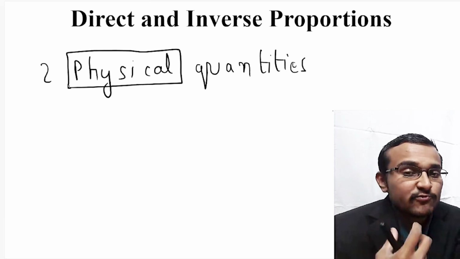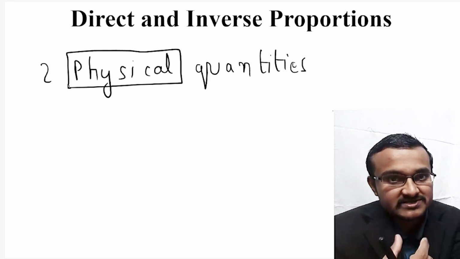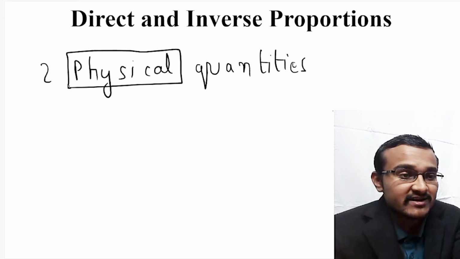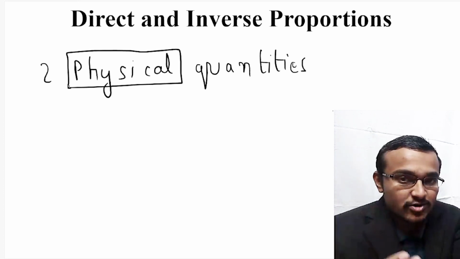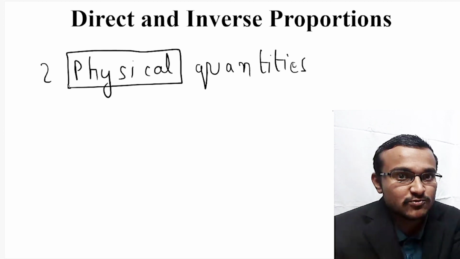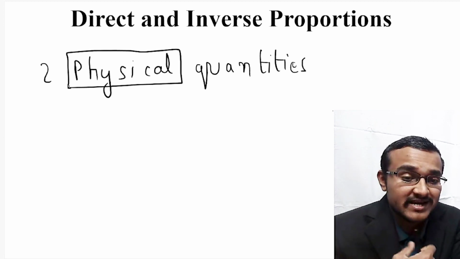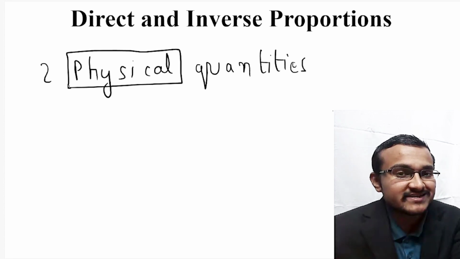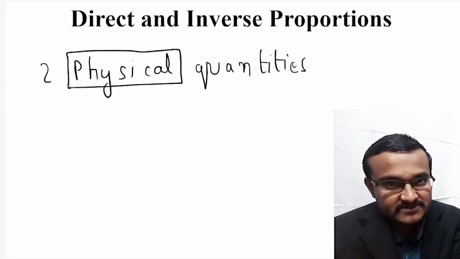Those kind of quantities are known as physical quantities. Just like heat. Heat is one of the physical quantities. Mass is one of the physical quantities. Even your height or the length or the distance, that is also a physical quantity which you can measure, which you can actually clearly experience. Such kind of quantities are known as physical quantities.